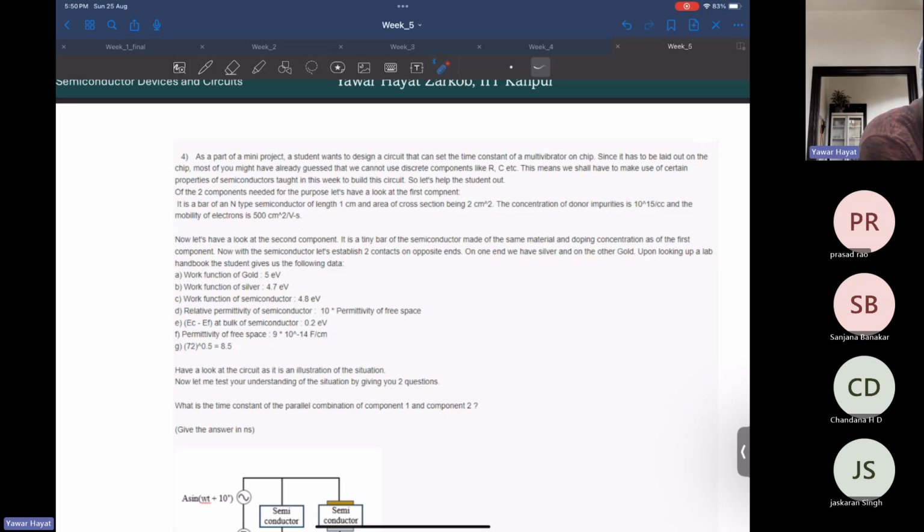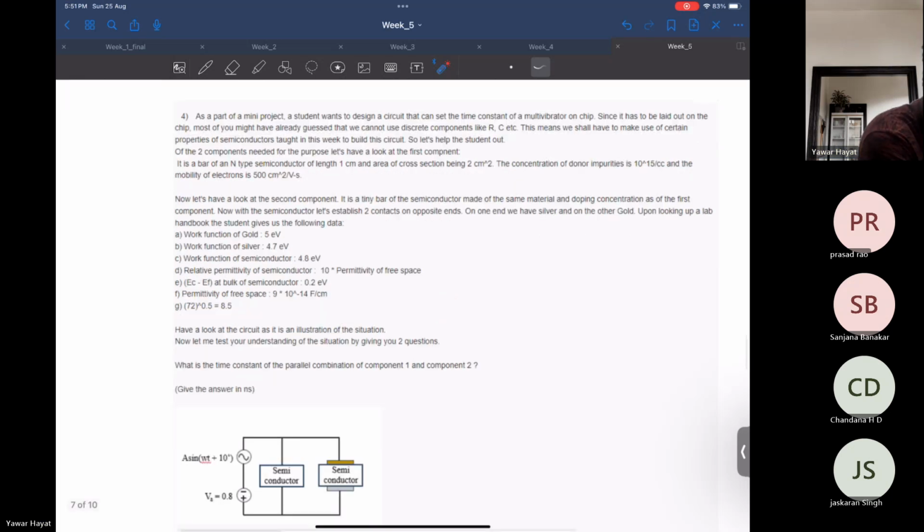Upon looking up a lab handbook, the student gives us the following data: the work function of gold is 5 electron volts, work function of silver is 4.7 electron volts, work function of semiconductor is 4.8 electron volts, relative permittivity of semiconductor is 10 times permittivity of free space.